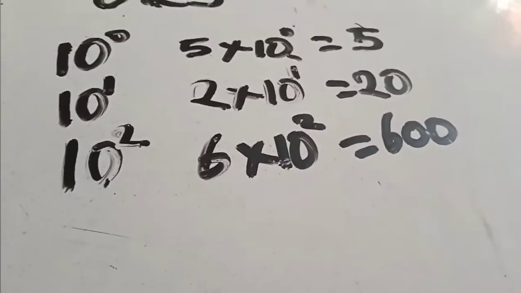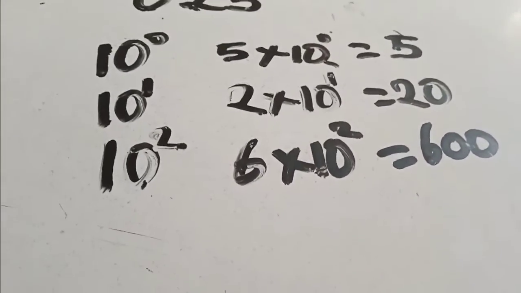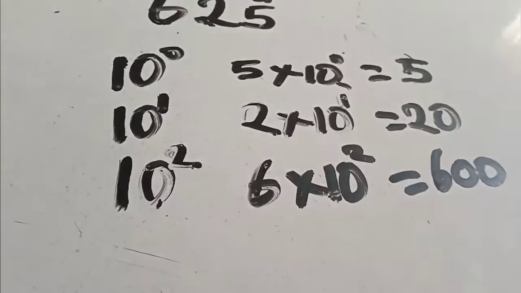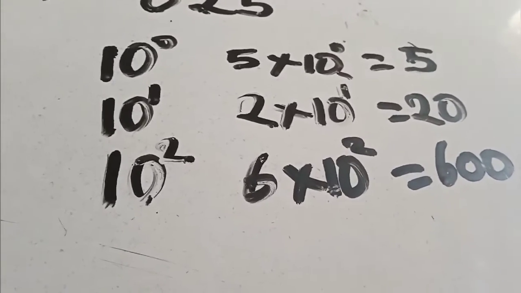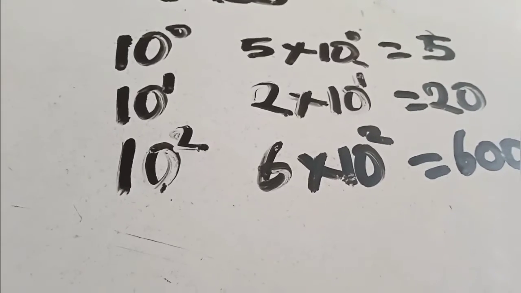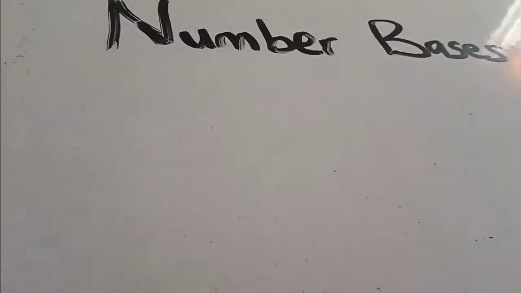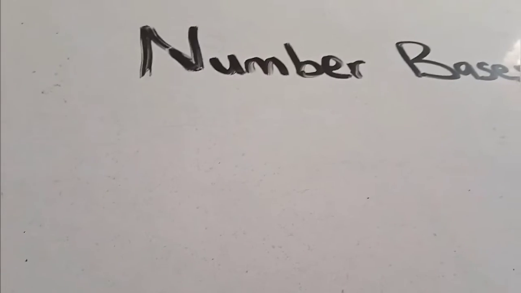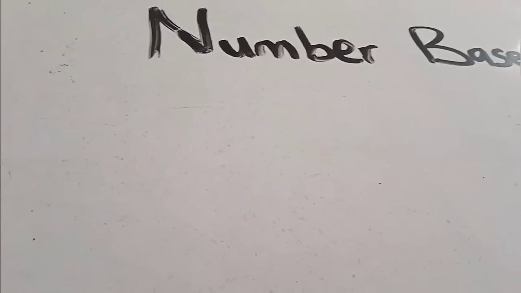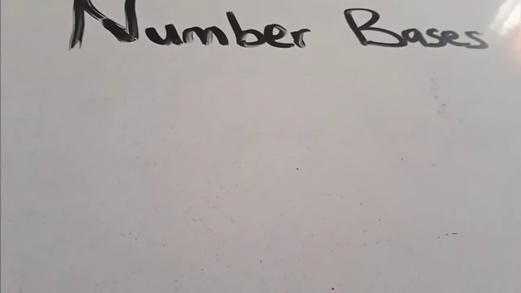So with this, let us see how we can convert numbers in base 10 to base 2, how we can convert numbers in base 10 to other bases, and how we can convert numbers from other bases to base 10. To convert from other bases to base 10, we use what we call the expansion method, whereby we multiply.